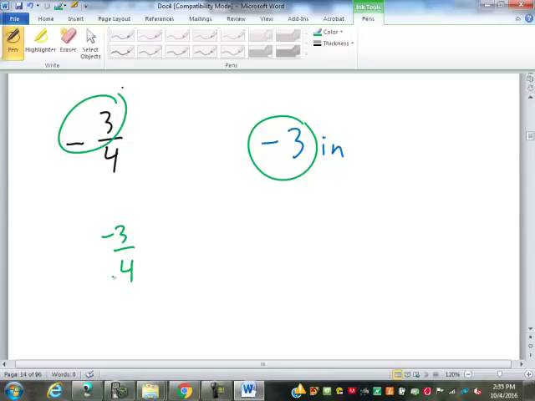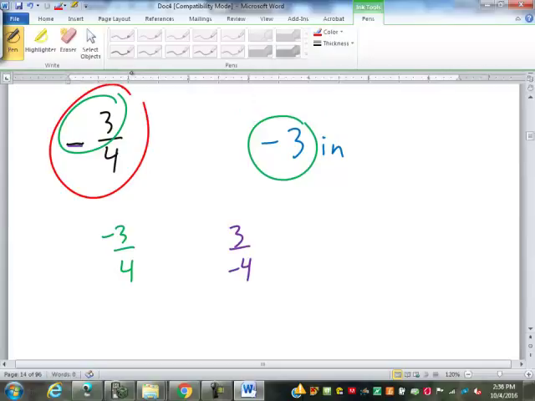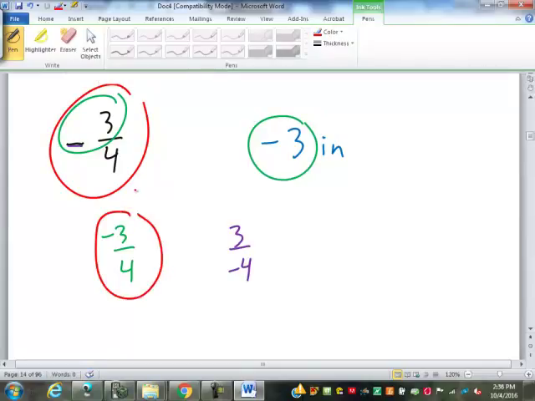But in practice, I can have that negative 3 out front like this, and I can either put it with the 3 or with the 4, because here, of course, that's telling me that it's 3/4 and the whole thing's negative. But here, if I put the negative with the numerator, what's a negative divided by a positive? A negative.